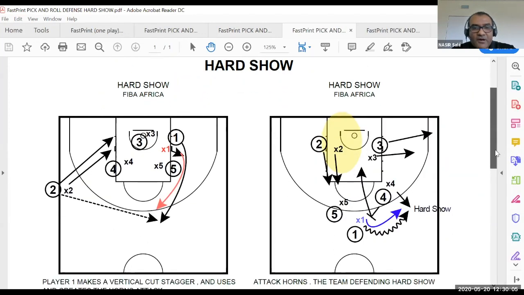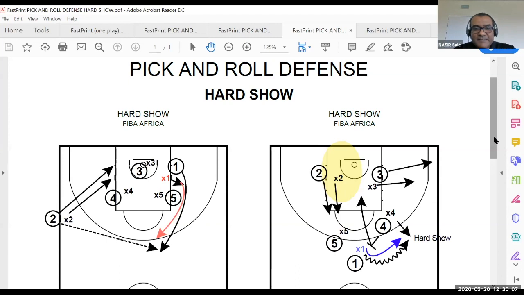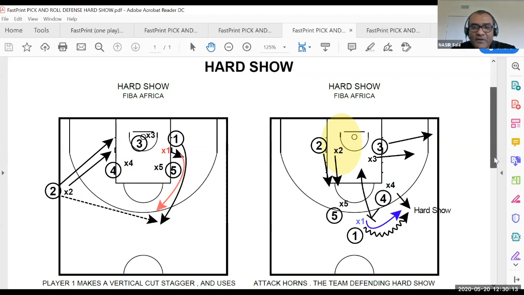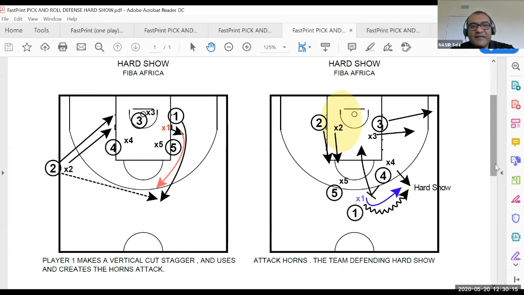We talk now about the hard show. It is not similar to the over, but we compare it in different situations, and we need to improve control of the players on the over, but we use the help of the big guys in the defense zone.